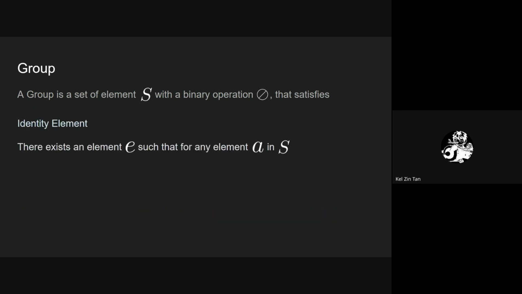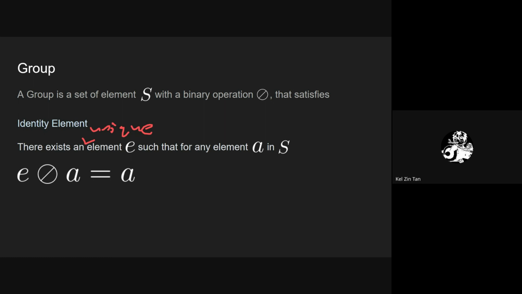Now, the next thing that we have is the identity element. For the identity element, we basically say that there exists an element E such that for any element A in S, E operated with A will be equal to A. Here I didn't mention one thing, but this element should be unique, meaning that there is only one element in the whole set that can satisfy this property.